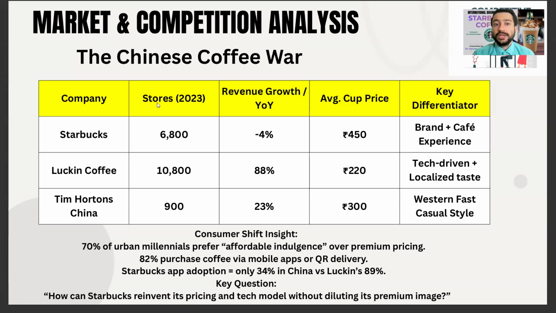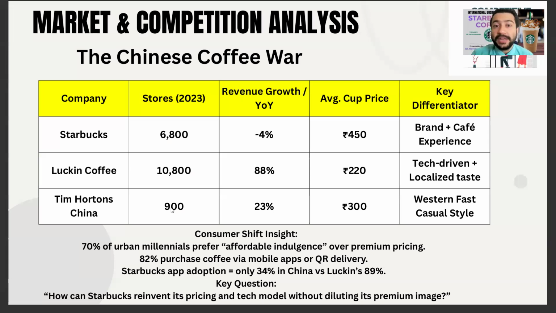Okay, so check the number of stores. Starbucks in China alone had 6,800 stores, but Luckin Coffee had 10,800 stores, more than Starbucks. And Tim Hortons China has only 900 stores across China.